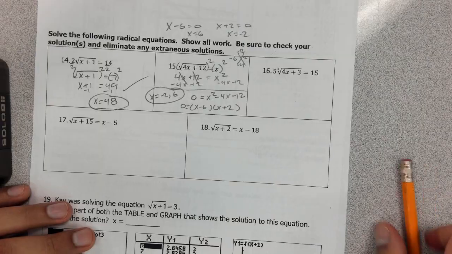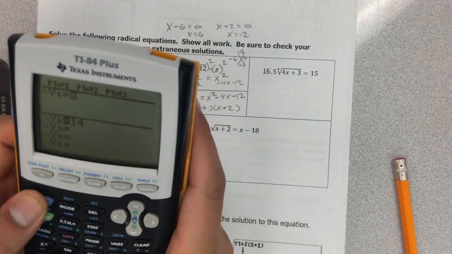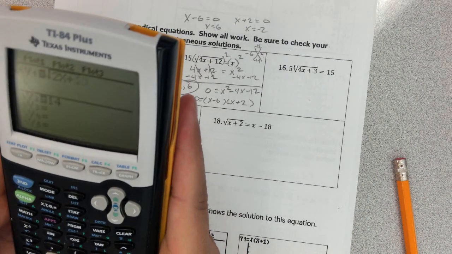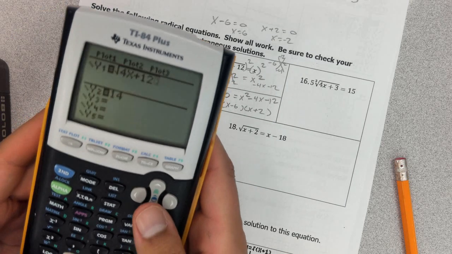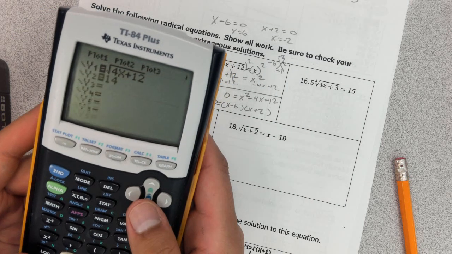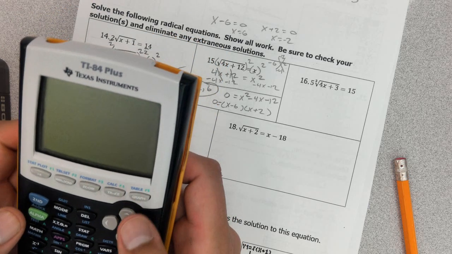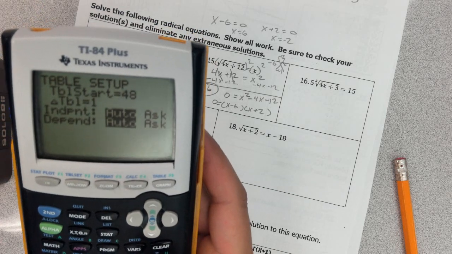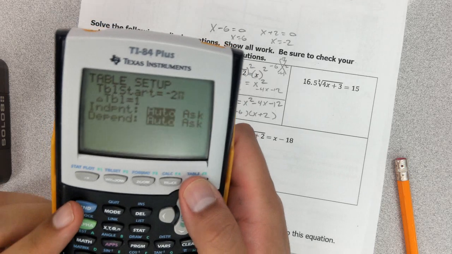Alright, so now let's check if these work. Okay, so let's go to negative 2.